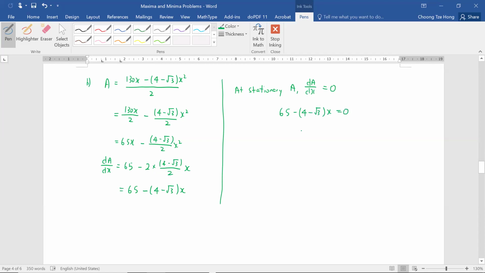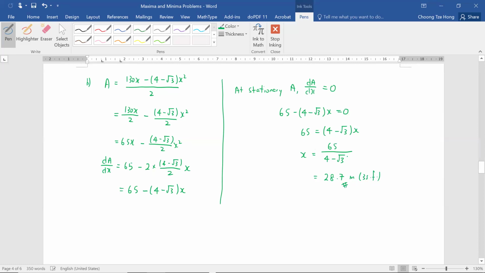We'll bring this one over. So 65 will be equal to 4 minus root 3 x. We'll divide this down, write x on the left side. So x is 65 over 4 minus root 3. If you calculate it out and round off to 3 significant figures, you'll get 28.7 meters.